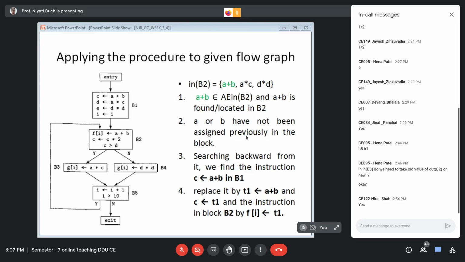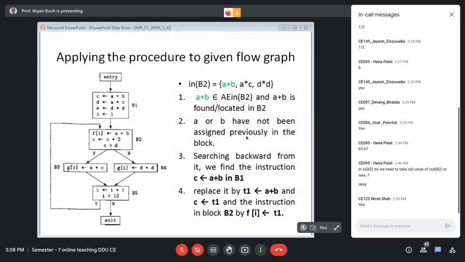A plus b belongs to the available expression in set of B2, and it is found in B2. Over here we have an assignment, a plus b is assigned to f of i. And in that same block, a and b have not been assigned previously, so there is no change in the value of a or b.